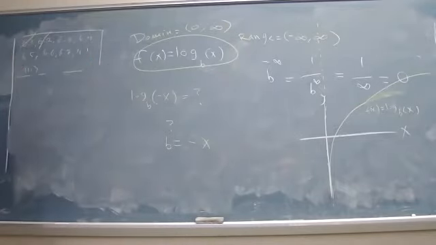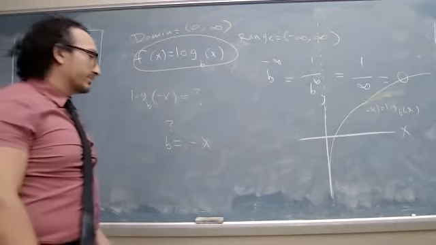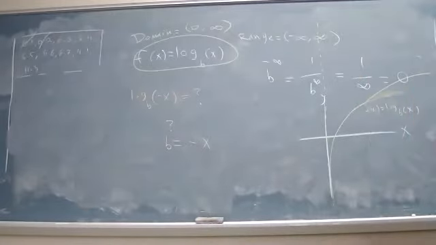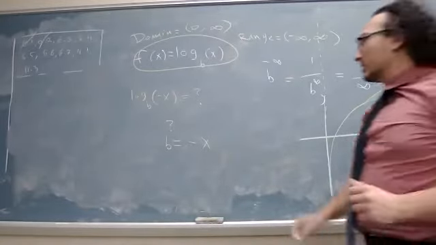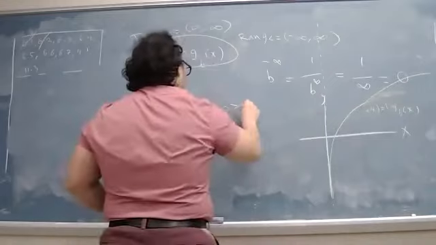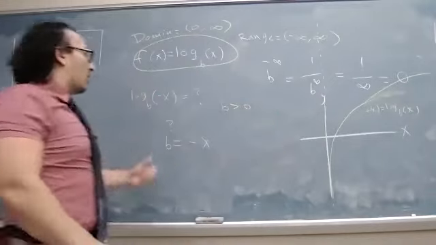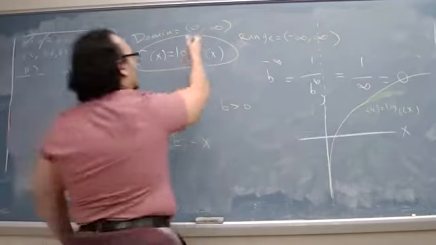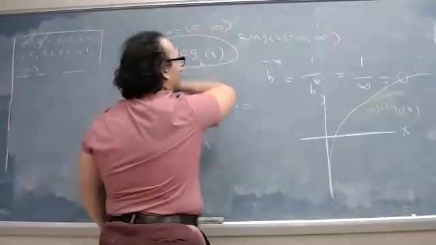If b is a positive number, there is no power you can raise that b to for it to equal a negative number. There is no power. If b is assumed to be greater than 0, then there is no power you can raise b to for it to become miraculously some negative number. That's another reason why the domain is defined the way it is.